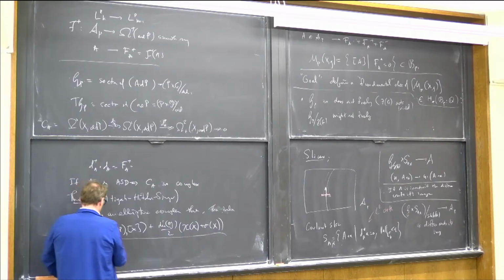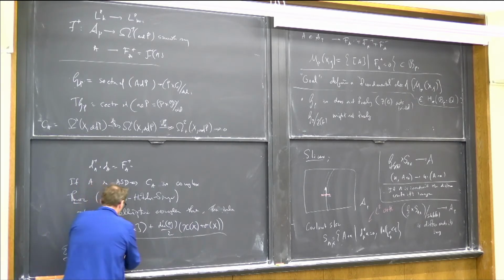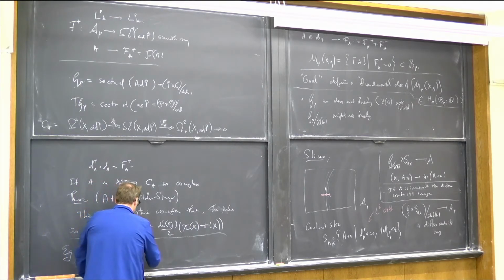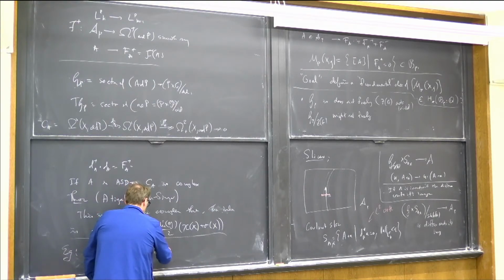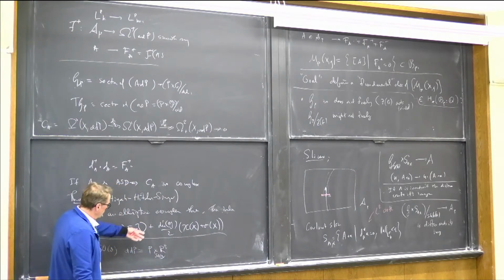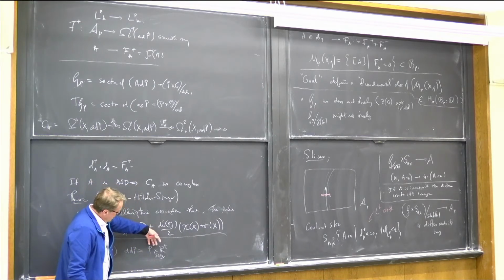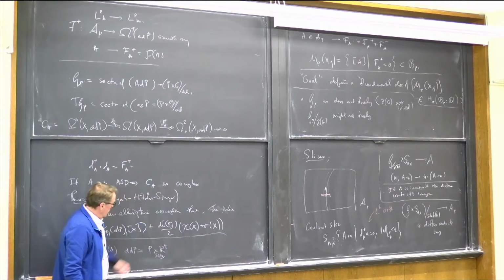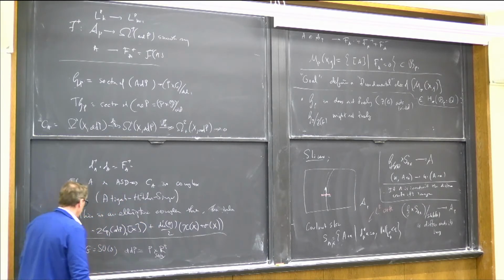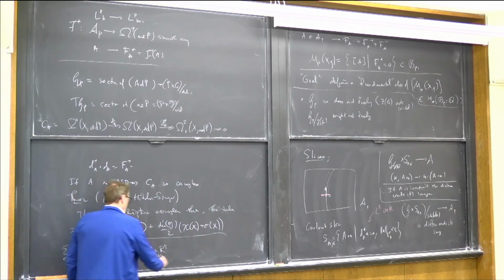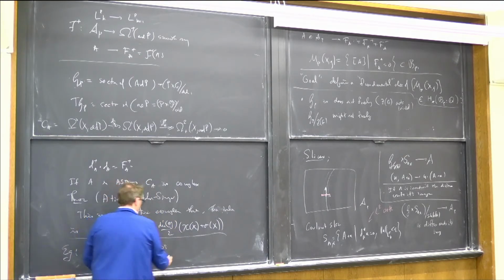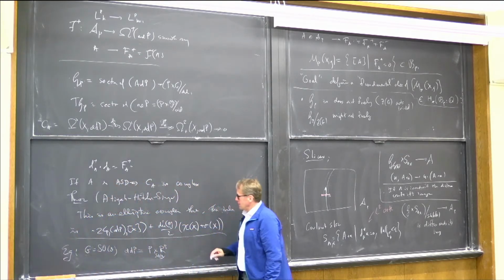So ad P is just isomorphic to P. Just isomorphic to the vector bundle that you get by associating by the standard action. And, well, the formula is what the formula is. The dimension of G is 3 there.